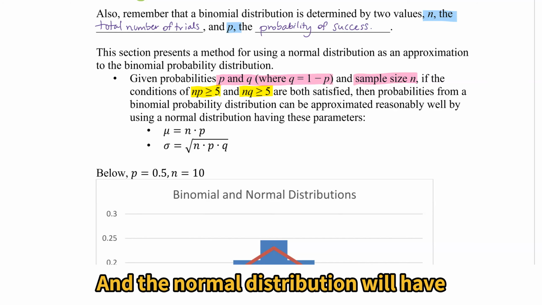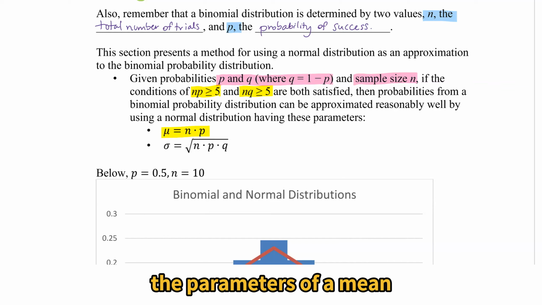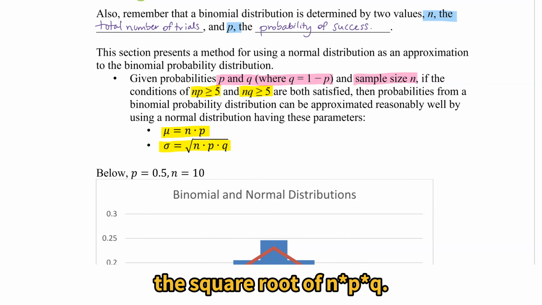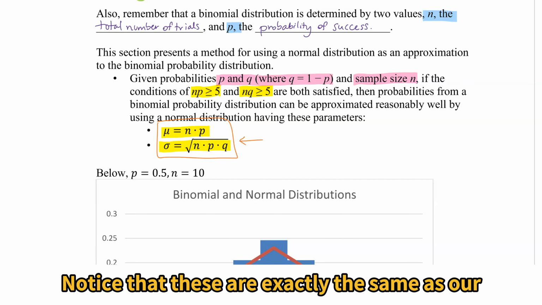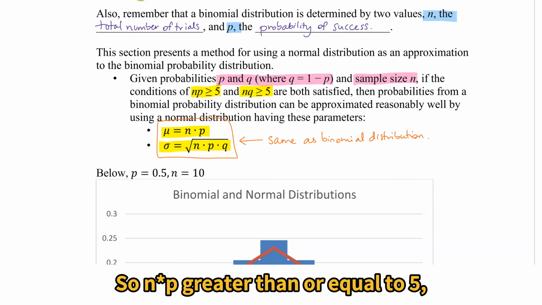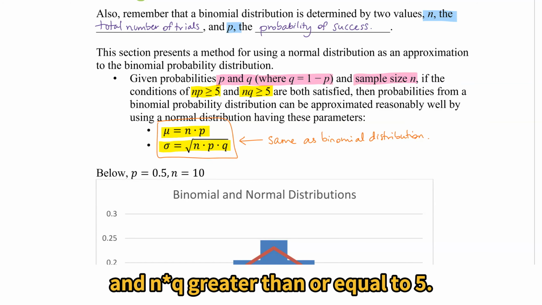And the normal distribution will have the parameters of a mean, n times p, and a standard deviation, the square root of n times p times q. Notice that the conditions are exactly the same as our binomial distribution: n times p greater than or equal to 5 and n times q greater than or equal to 5.